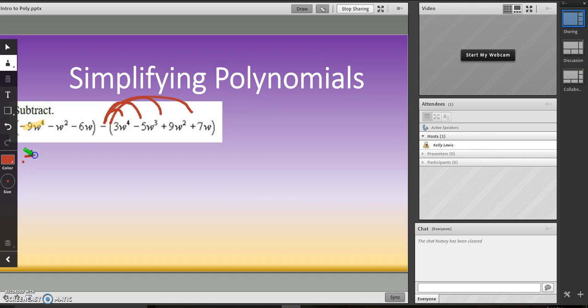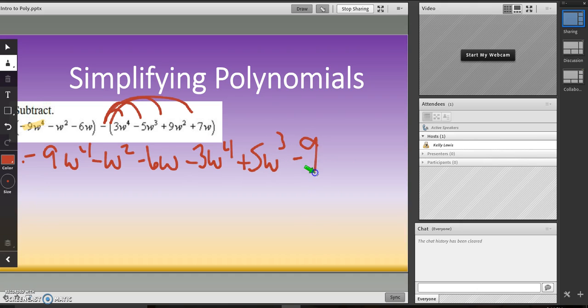Let me rewrite this: negative 9W4 minus W squared minus 6W minus 3W4 plus 5W3 minus 9W squared minus 7W. What I did was the opposite of everything that was in there, which is why I had you do that problem earlier.